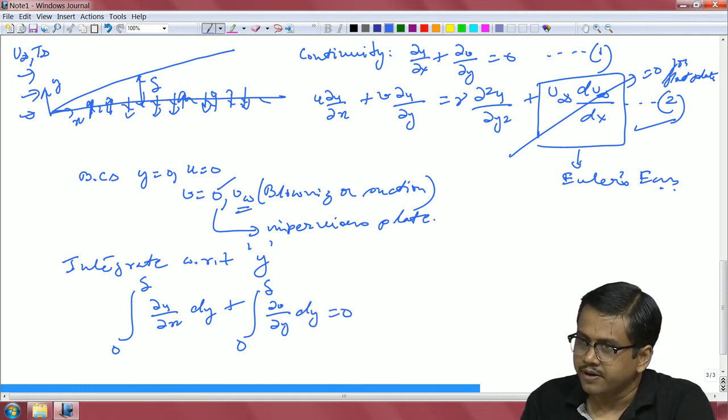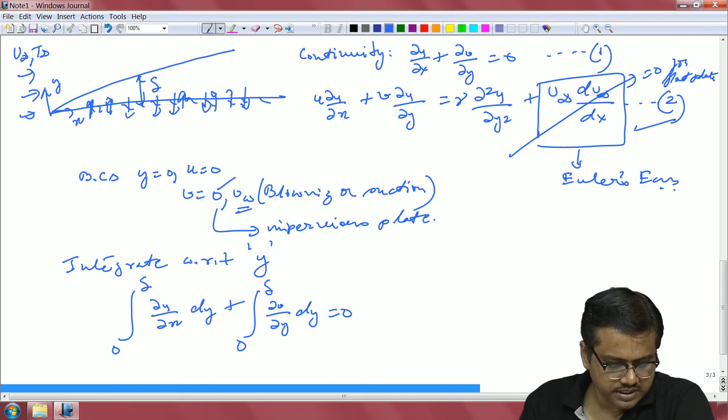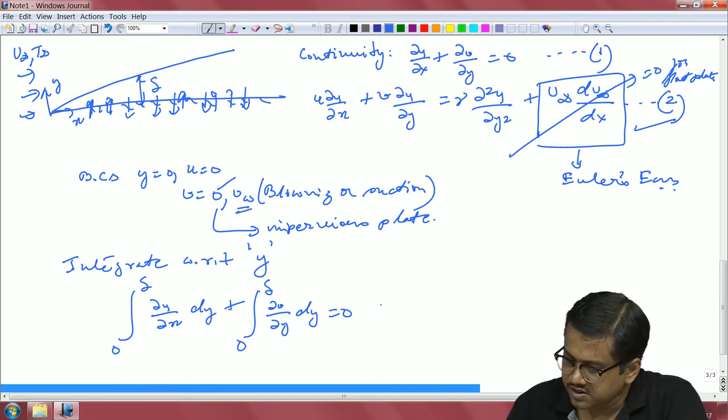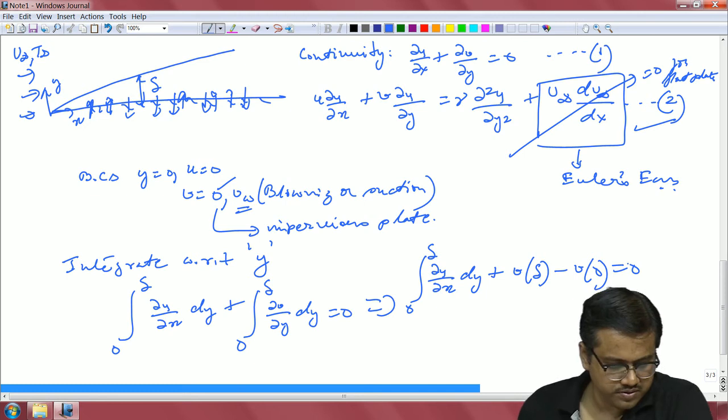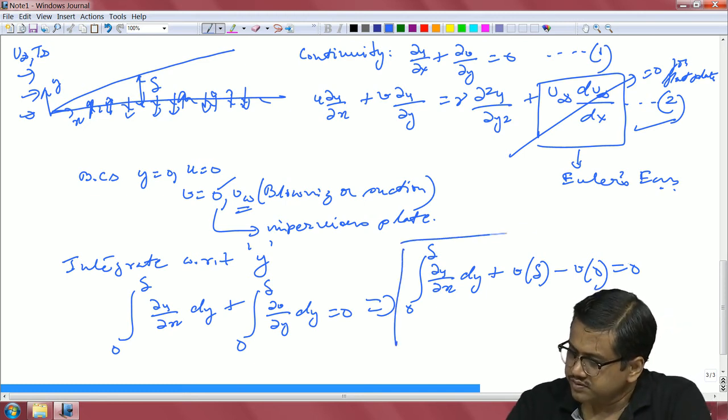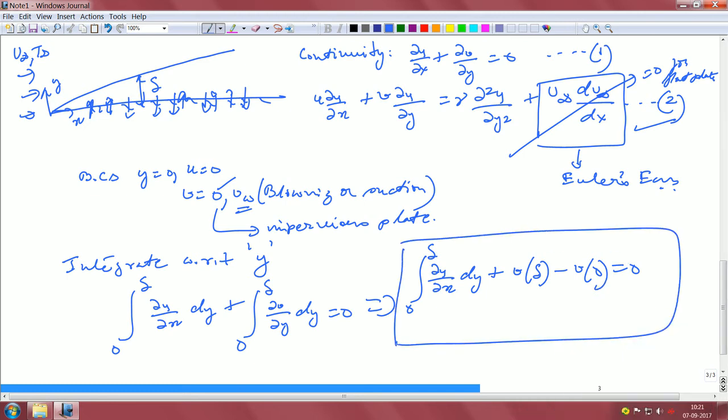That is the form that we have. This leads to integral from 0 to delta of du/dx dy plus v at delta minus v at 0 is equal to 0. Very simple, right? That is the form.